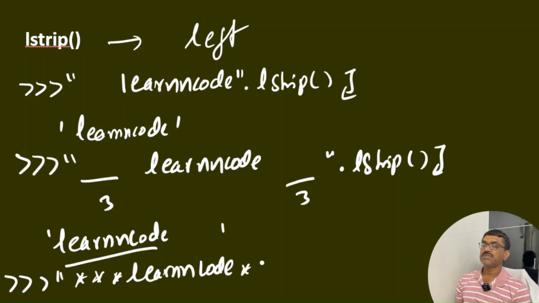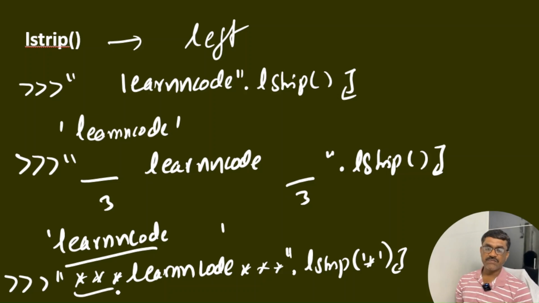Here, I'm going to mention lstrip, and in single quotes, I'm mentioning the star. In this case, whenever you press enter, what happened? These 3 leading characters will be removed, and you are going to get the output in single quotes as learn and code, and the 3 stars will be displayed as is. Why? Because the trailing characters will not be removed.